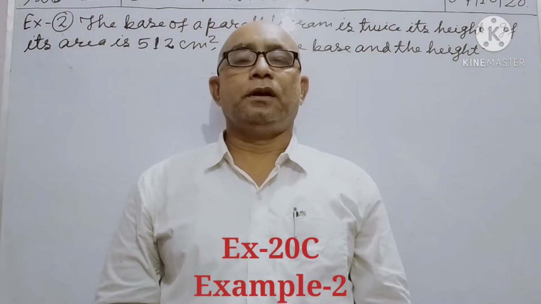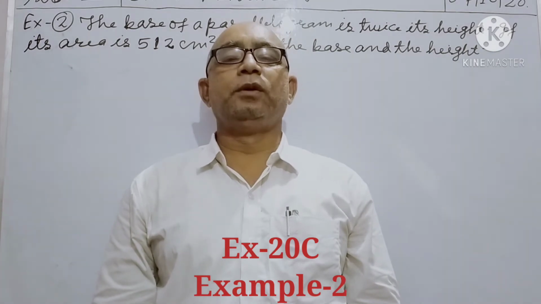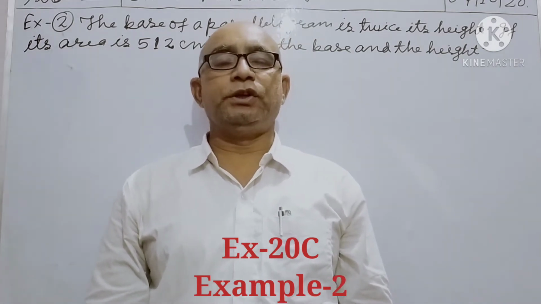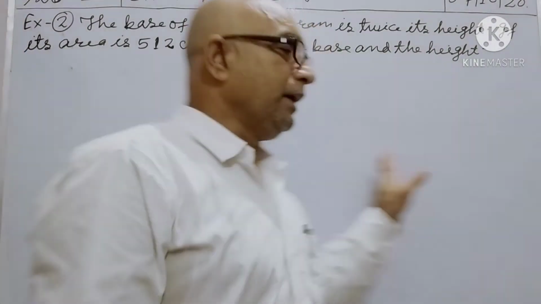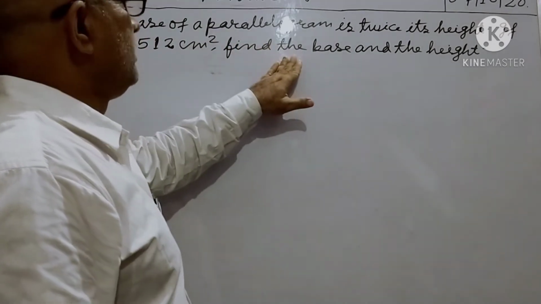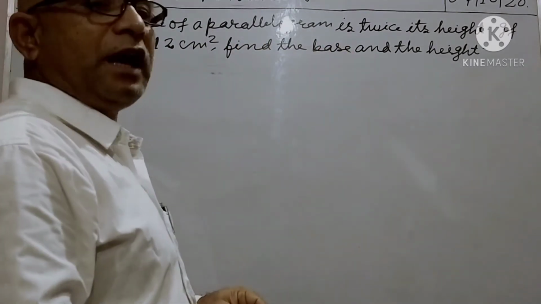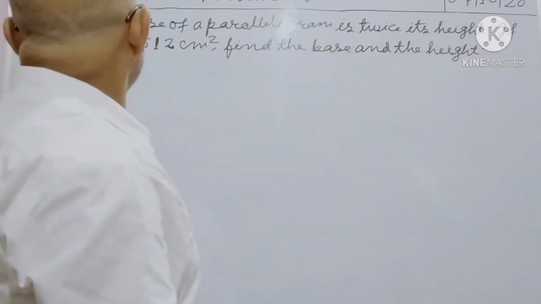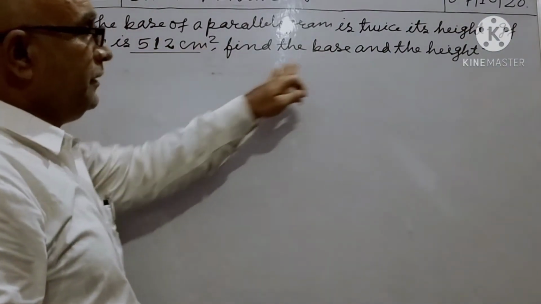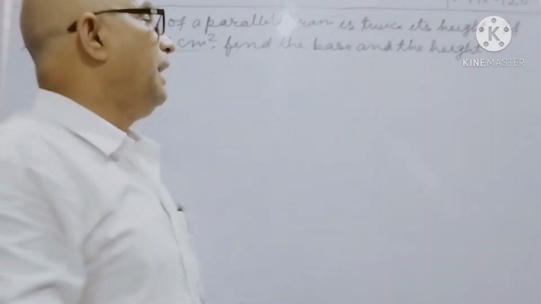Students, now I shall solve some examples of exercise 20C. Example number 2: the base of a parallelogram is twice its height. If its area is 512 cm square, find the base and the height.